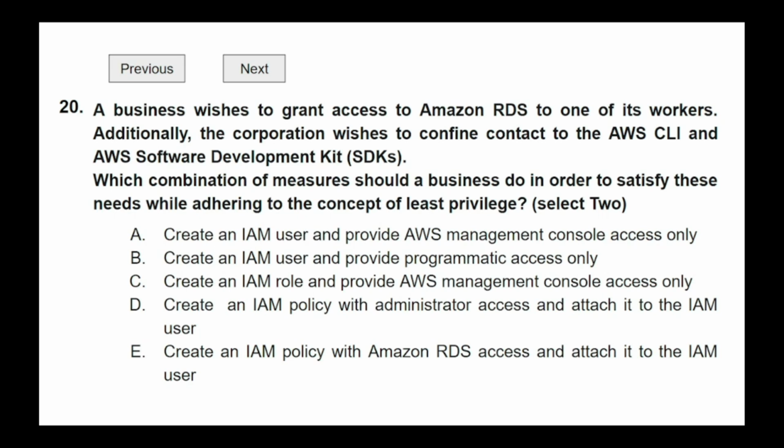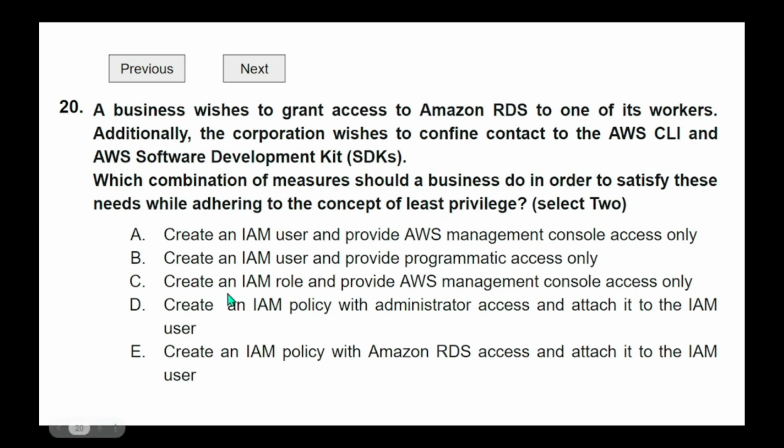Option B. Create an IAM user and provide programmatic access only. Option C. Create an IAM role and provide AWS Management Console access only. Option D. Create an IAM policy with administrator access and attach it to the IAM user. Option E. Create an IAM policy with Amazon RDS access and attach it to the IAM user.